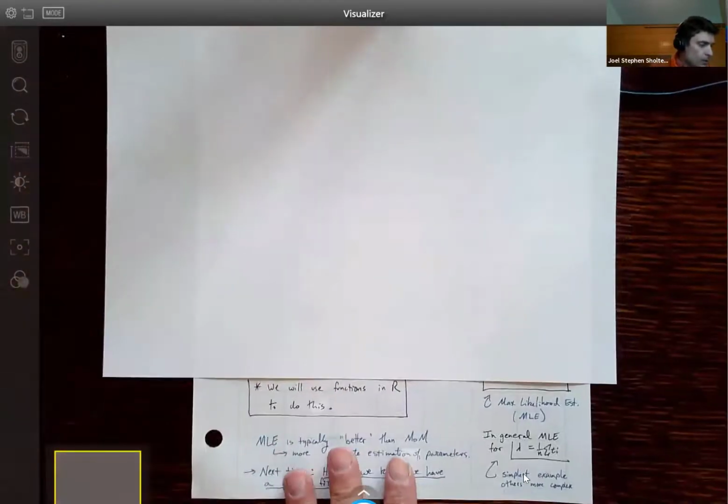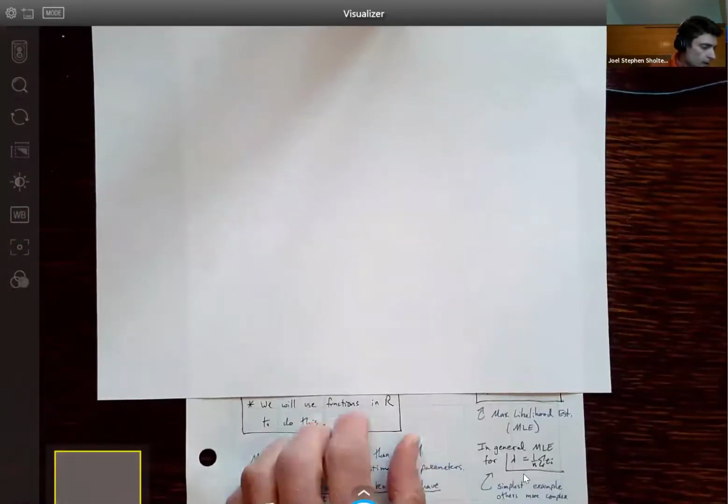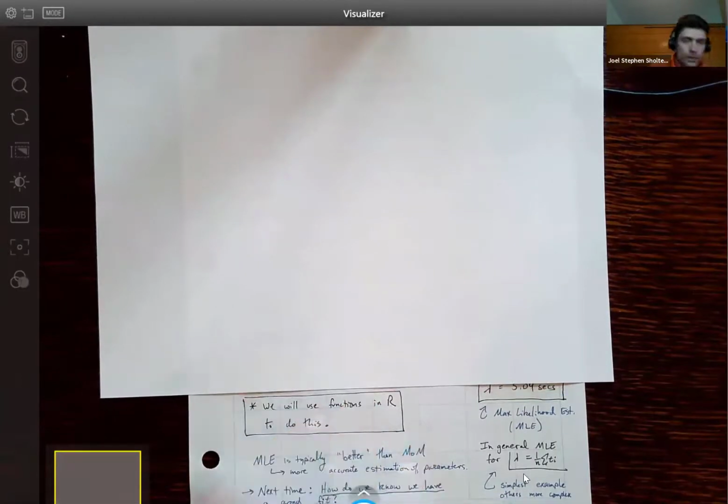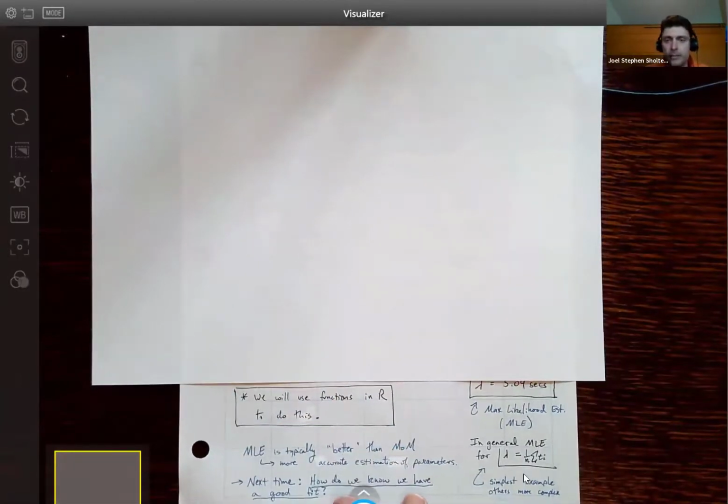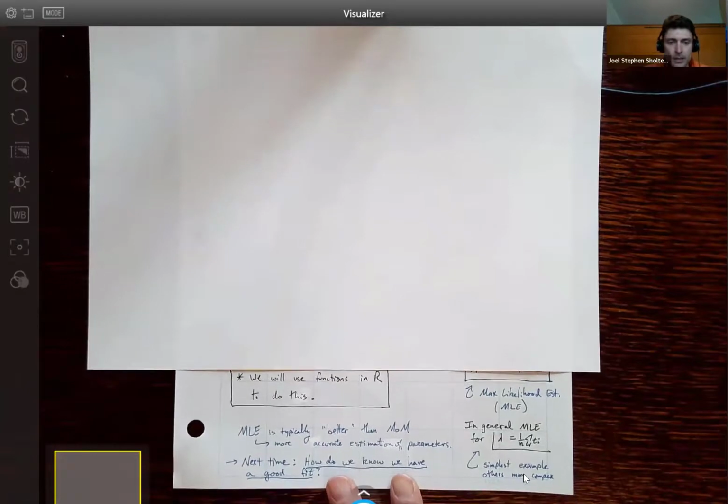So we will use functions in R to calculate the maximum likelihood estimators for different distributions. The maximum likelihood estimator is typically better or more accurate than method of moments. Sometimes it's the same for simple situations.